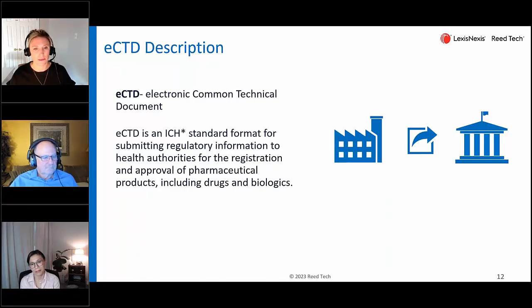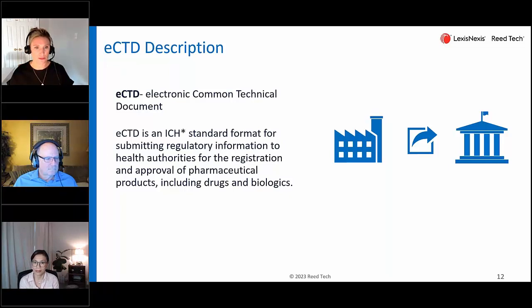By developing a common format, it allows for ease of review for the reviewers, and it also allows sponsors to repurpose data in an electronic format, so that they can streamline their timelines and save costs when they're able to reuse it.